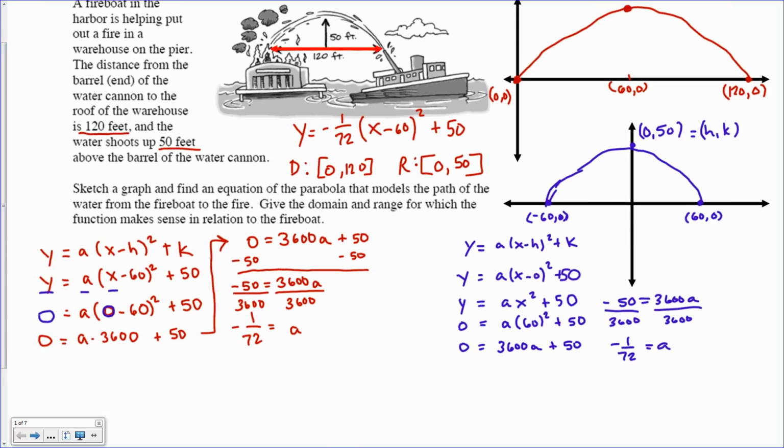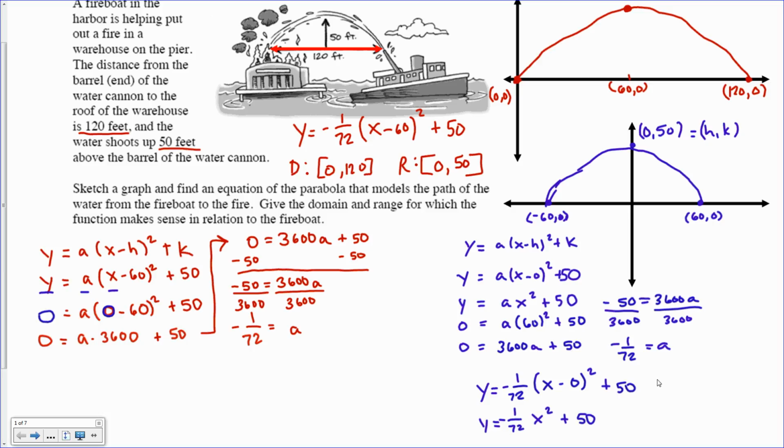So we'd have y equals negative 1 over 72, because that's our a, times the quantity of x. You could put in there, if you wanted to the first time, the h coordinate, x minus 0 squared plus 50. And then you could simplify it down or leave it like that. That should end up working. So y equals negative 1/72 x squared plus 50.